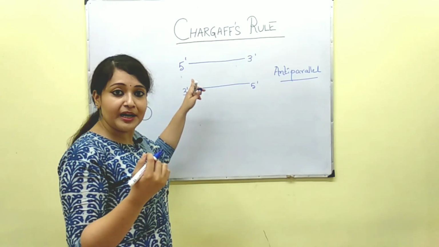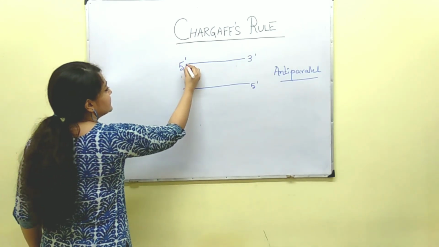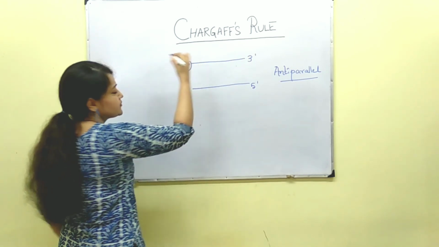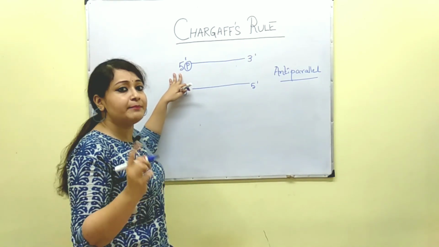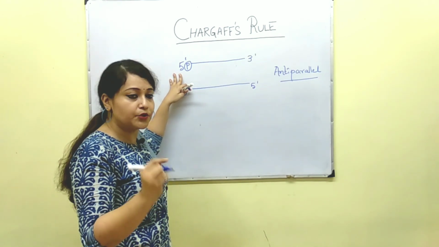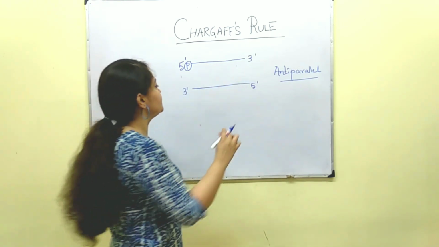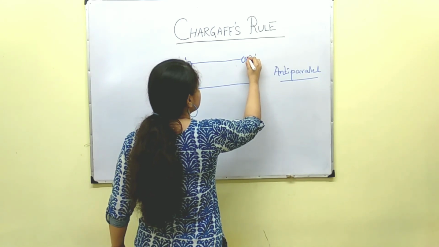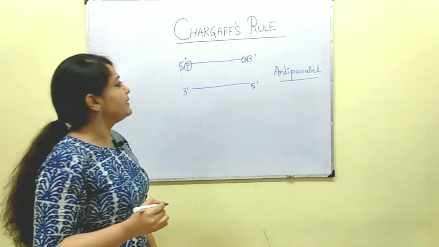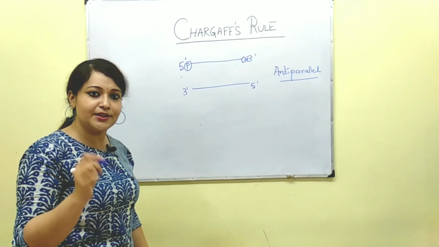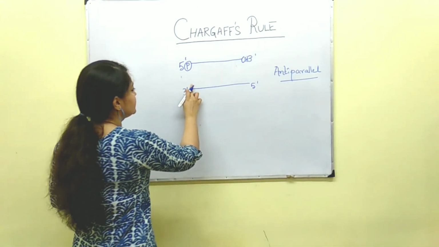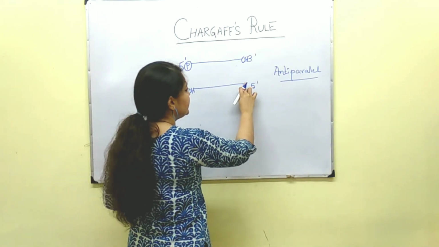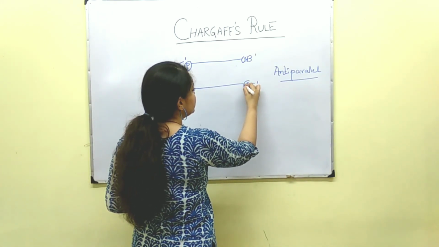Yes, the 5' end contains a phosphate group and the 3' end contains a hydroxyl group. So obviously this 3' end will contain a hydroxyl group and this 5' end will contain phosphate, right?